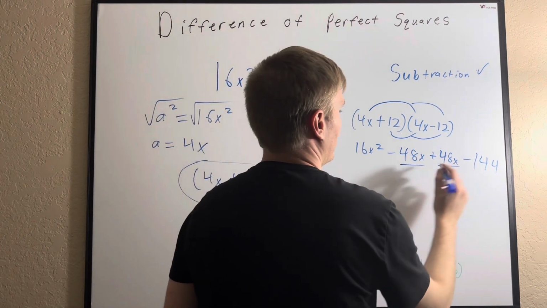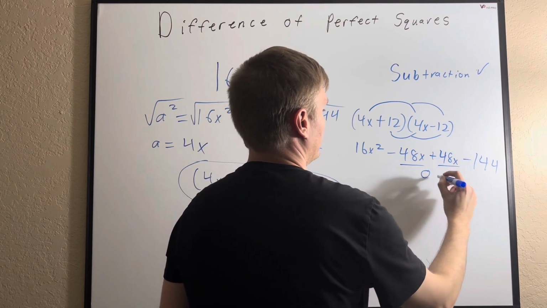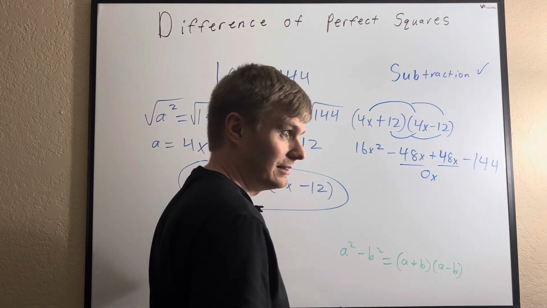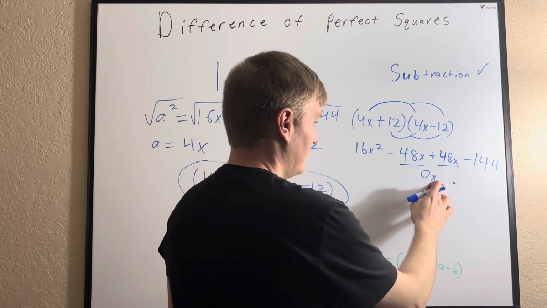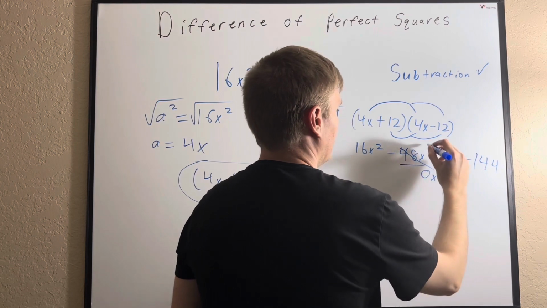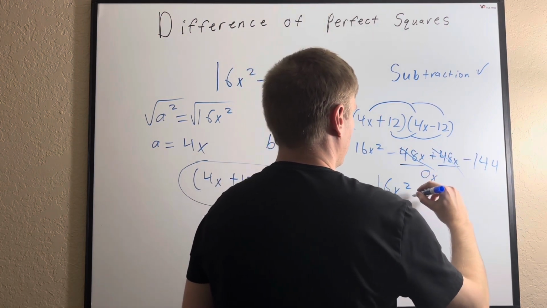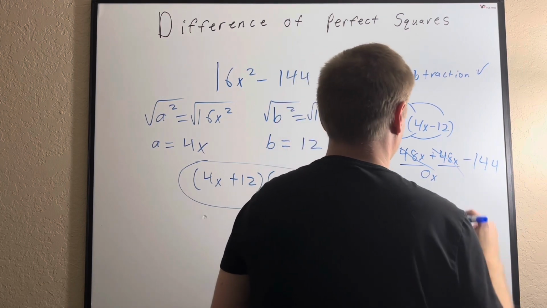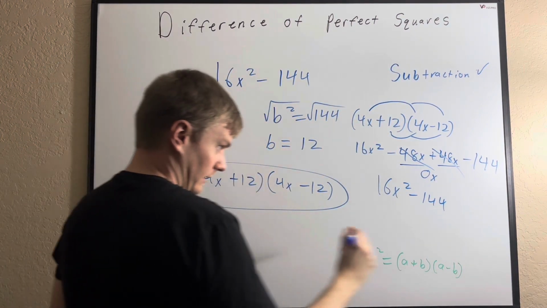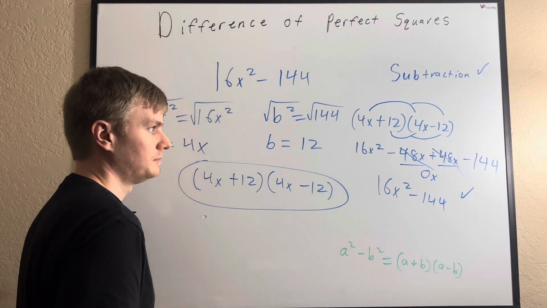Combine like terms. Negative 48x plus 48x is 0x, and anything times 0 is just going to be 0, right? So those cancel each other out, and you're just left with 16x squared minus 144, exactly what we started with, so we factored it out right.